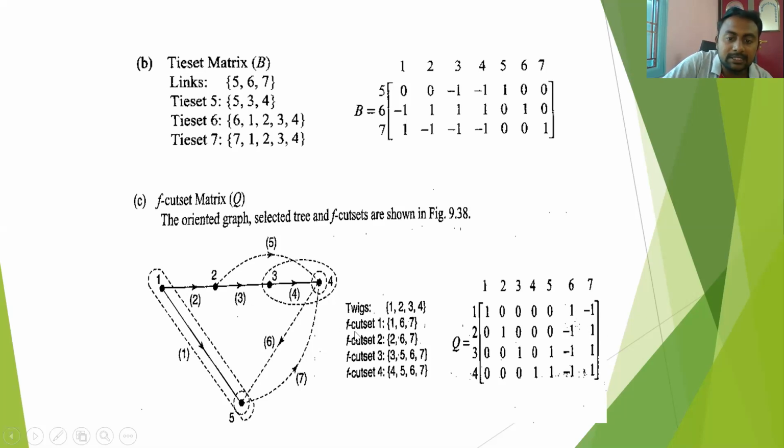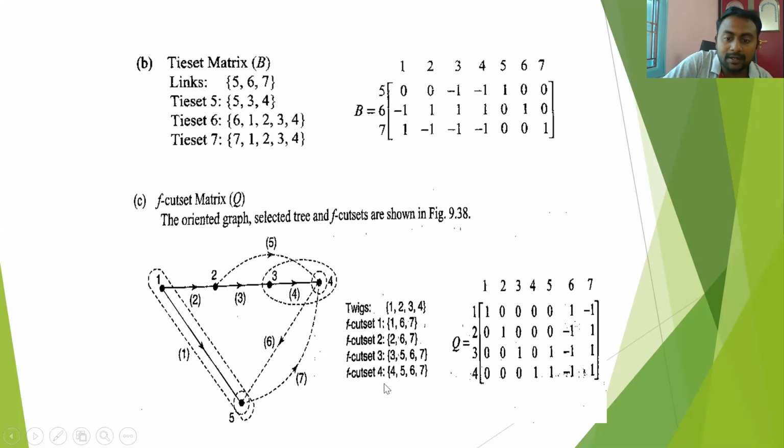The third cut set is 3, 5, 6, 7. The cut set direction is the third direction: 3 is the same, 5 is the same, 6 is opposing, 7 is the same. I am placing plus 1 for the same and minus 1 for opposing.